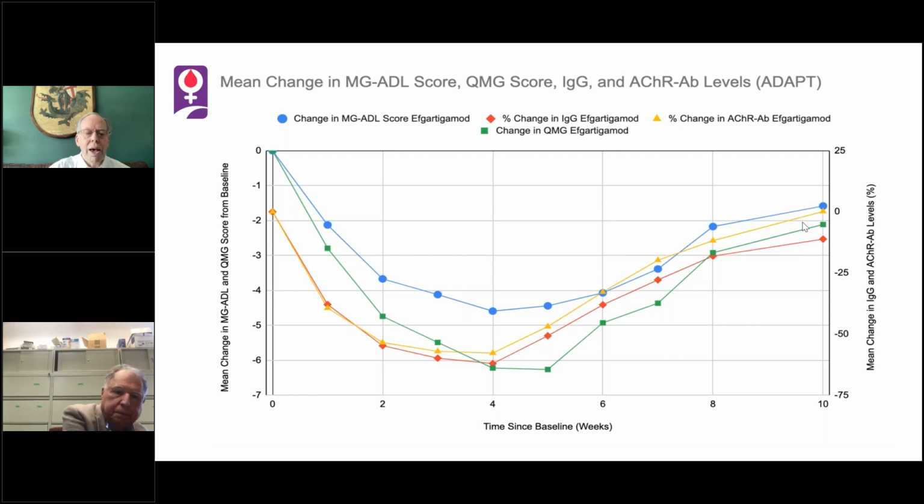But you can see how the effect of inhibiting FcRn, increasing catabolism of IgG, can have a nice effect on not just the primary pathophysiologic mechanism, but also on the disease activity in the patient.